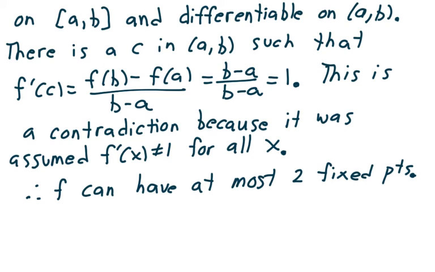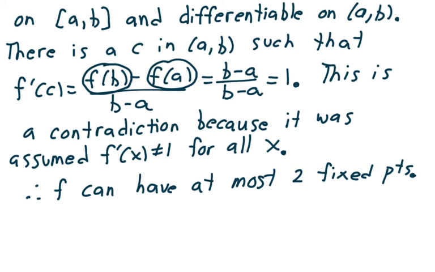Well, there exists a C in (A, B) such that f prime of C is f of B minus f of A divided by B minus A. But remember, A and B are fixed points. And so f of B, this term here in the numerator, is the same as B, and f of A is the same as A, right?